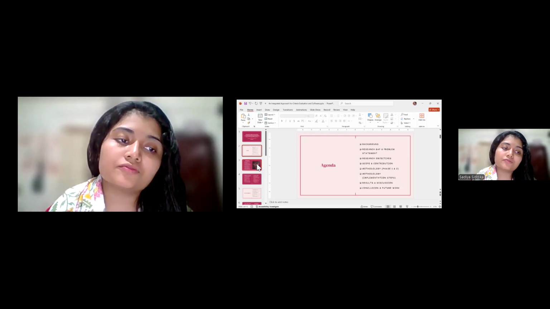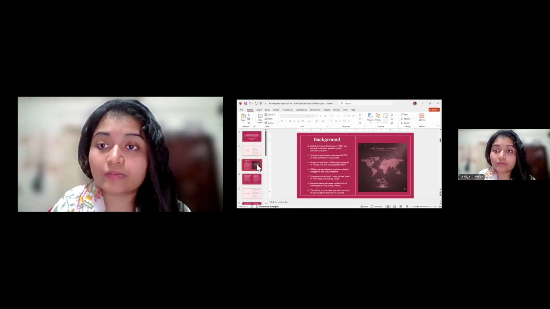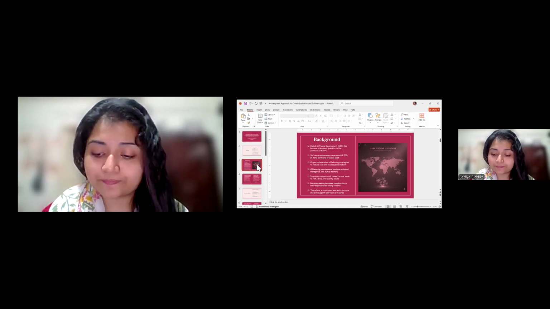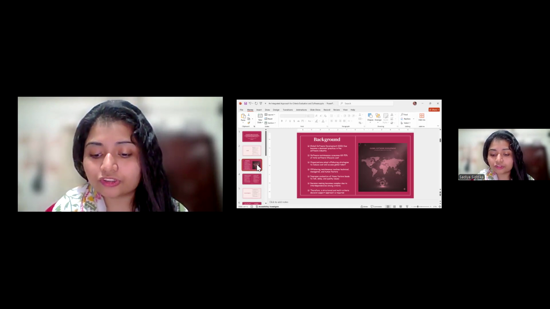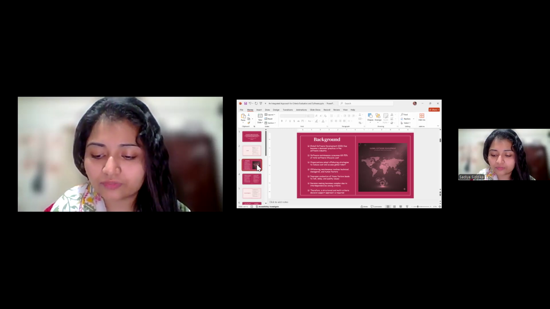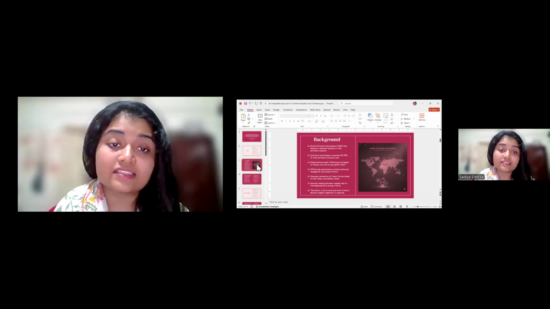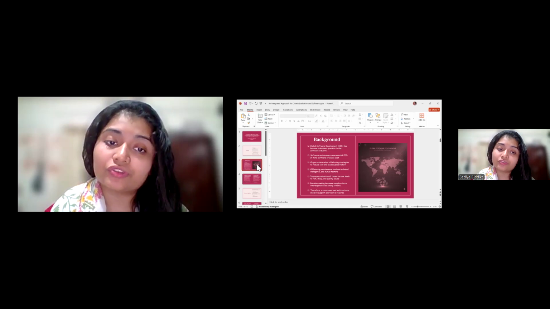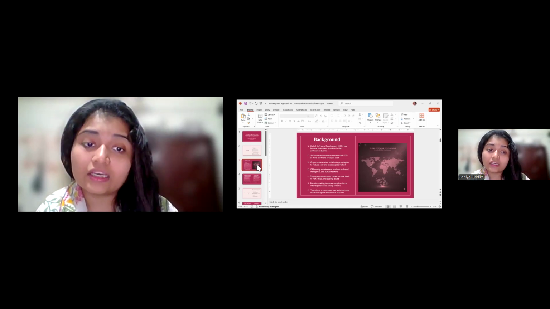So the very first is the background. Global software development, or GSD, now accounts for 60 to 70% of total lifecycle cost, organizational expenses actually. Organizations adopt offshoring strategies to reduce cost and access global talent.